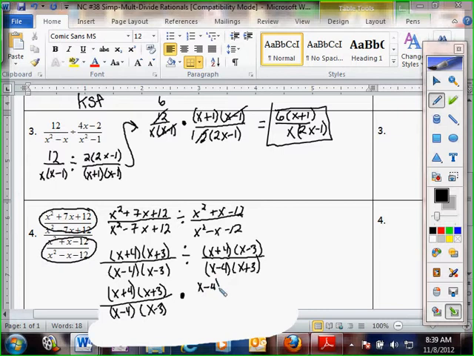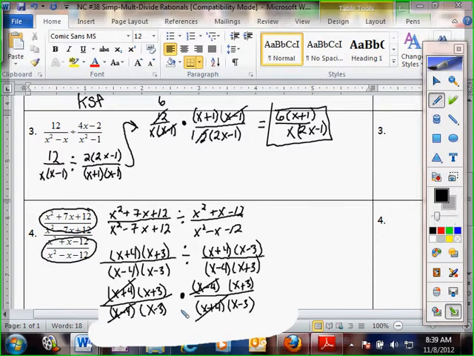So the bottom becomes my top, and the top becomes my bottom. And so I look at my cross products. On the top over here I have an x plus 4, on the bottom I have an x plus 4, so those cancel. On the bottom over here I have an x minus 4, and on top over here I have an x minus 4, so that cancels.